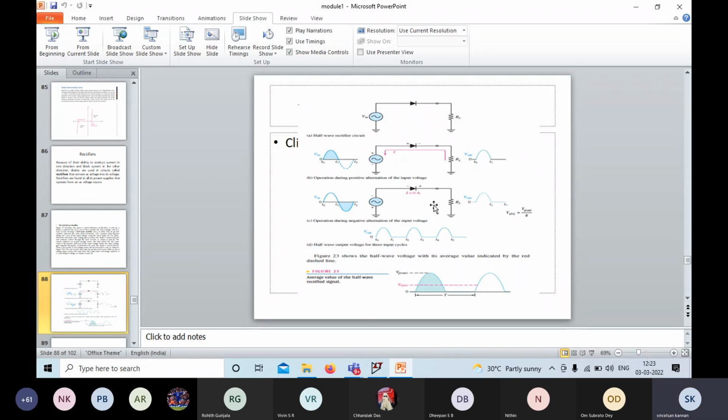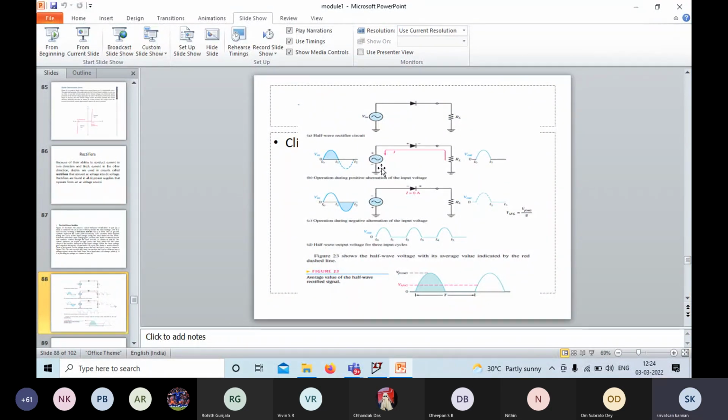You can observe no current during the reverse bias condition. This is the response of the circuit for the positive cycle of the input, and this is for the negative cycle of the input. No output, because the diode acts as an open switch.